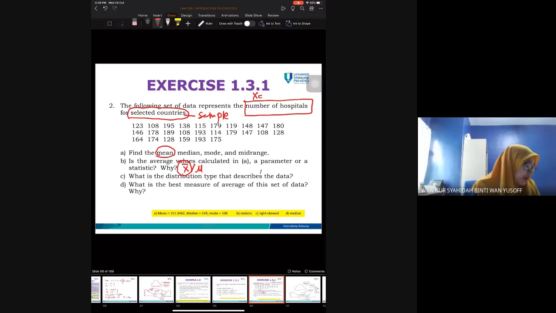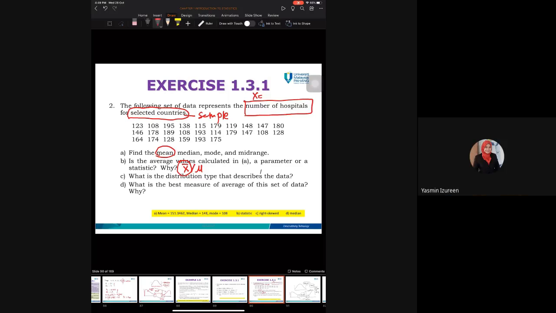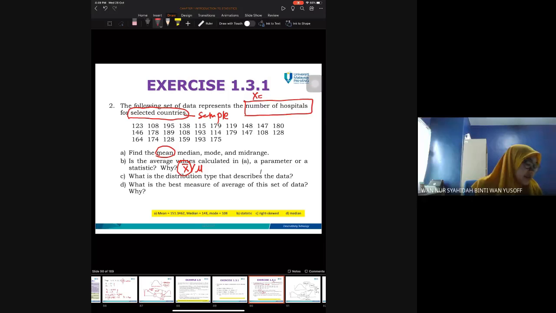Okay. What is the distribution type that describes the data? Because we calculate mean, median, mode, you will have a right skewed distribution. Right skewed because here we have mode less than median and less than mean.